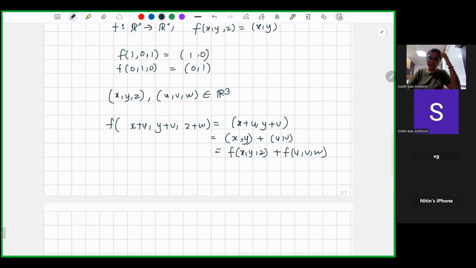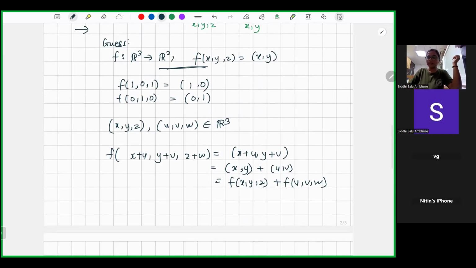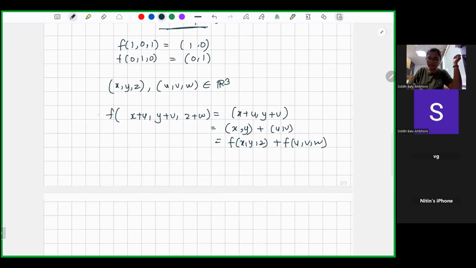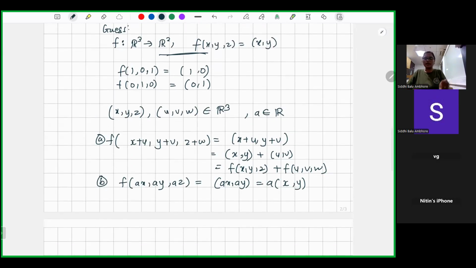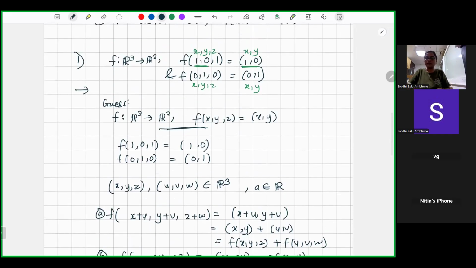So F satisfies the first property. For the second, if I take a in R, F of (ax, ay, az) is (ax, ay), which is a times (x, y). So this F satisfies both properties and gives F of (1, 0, 1) is (1, 0) and F of (0, 1, 0) is (0, 1).